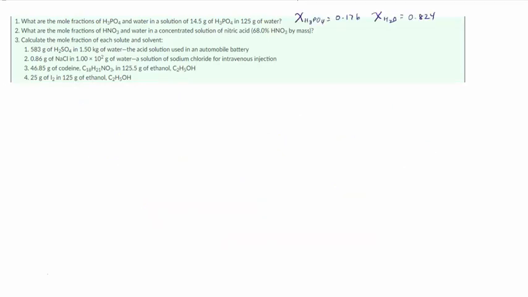So from here on in, I'm going to use this method in order to find the solvent mole fraction. Number 2, what are the mole fractions of nitric acid and water in a concentrated solution of nitric acid? Now they define that a concentrated solution of nitric acid is 68.0% nitric by mass. So that means there are 68.0 grams of nitric acid when there are 100 grams of solution.